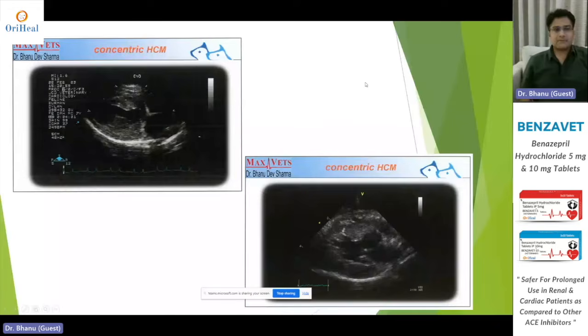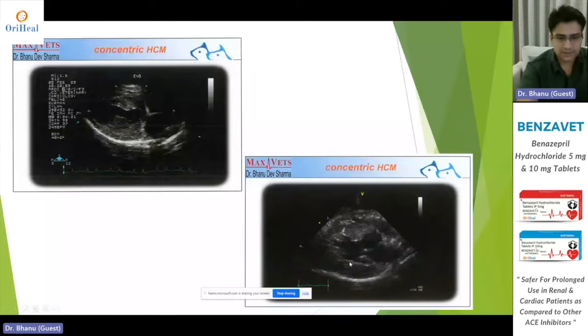These are some other echo loops of cases of HCM. As you all can appreciate here, the left ventricular walls are thickened. Even before the measurement, many times, you just have a subjective evaluation of the left ventricles, and that gives you a good idea.